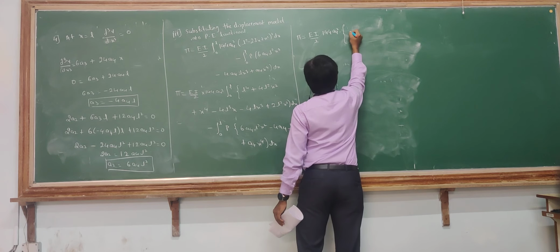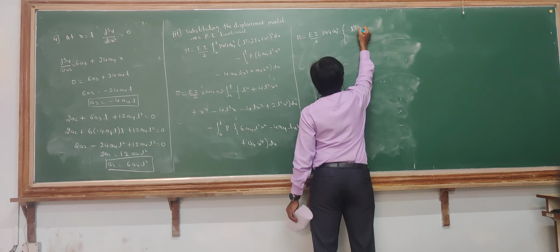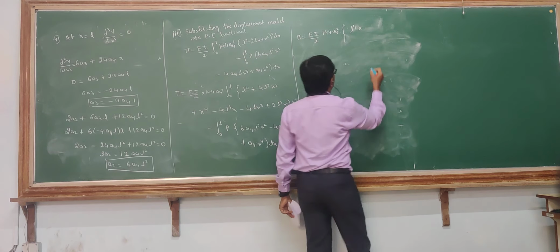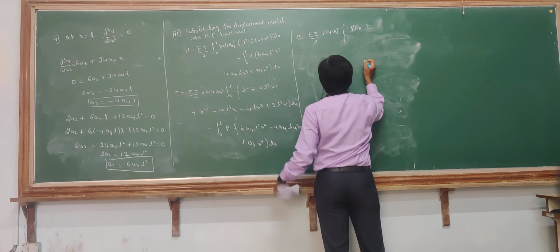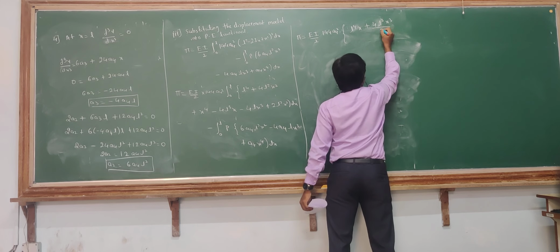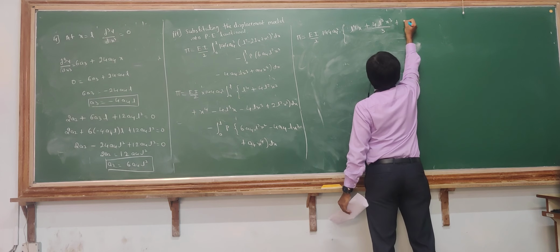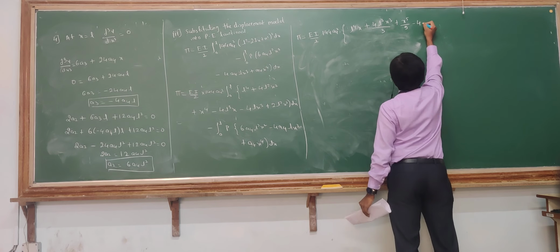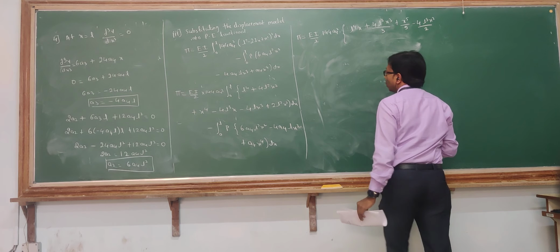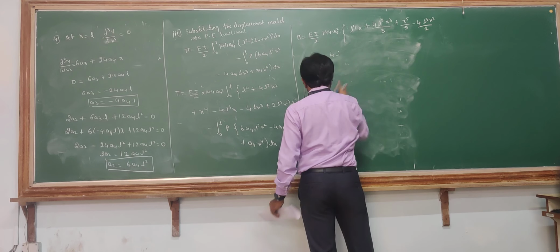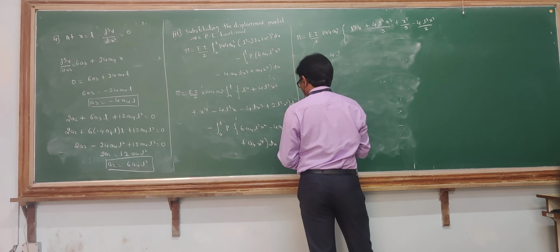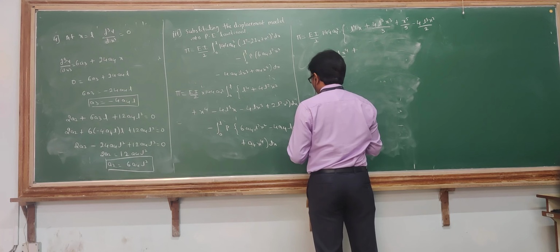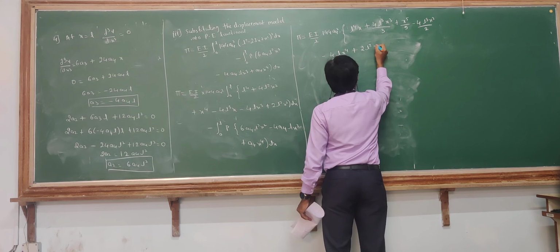So L4 into dx, the integration becomes x here, plus 4L square x cube by 3, plus x raised to 5 divided by 5, minus 4 into L cube x square divided by 2, minus 4L x raised to 4 divided by 4, plus 2L square x cube by 3.